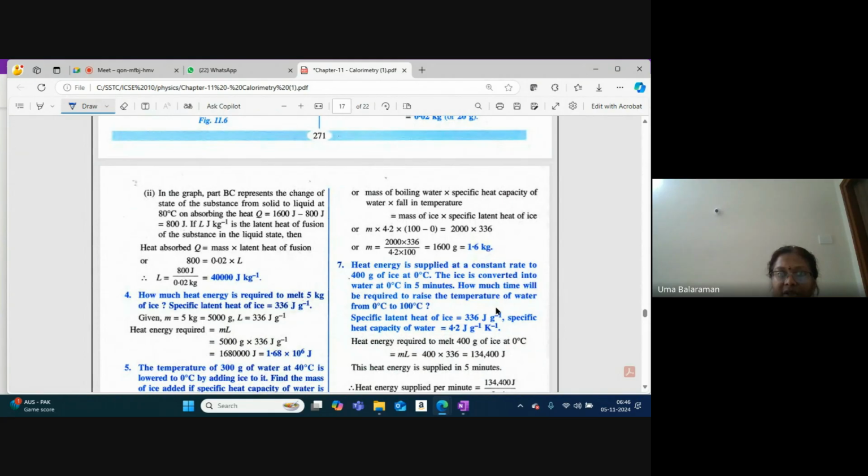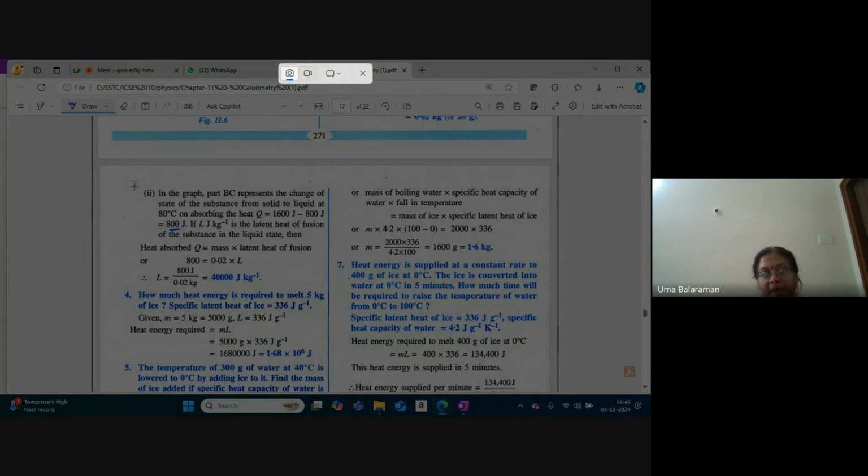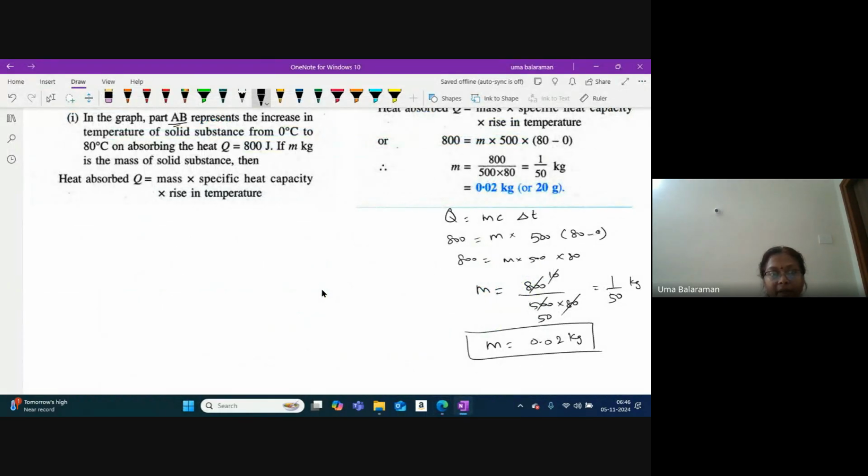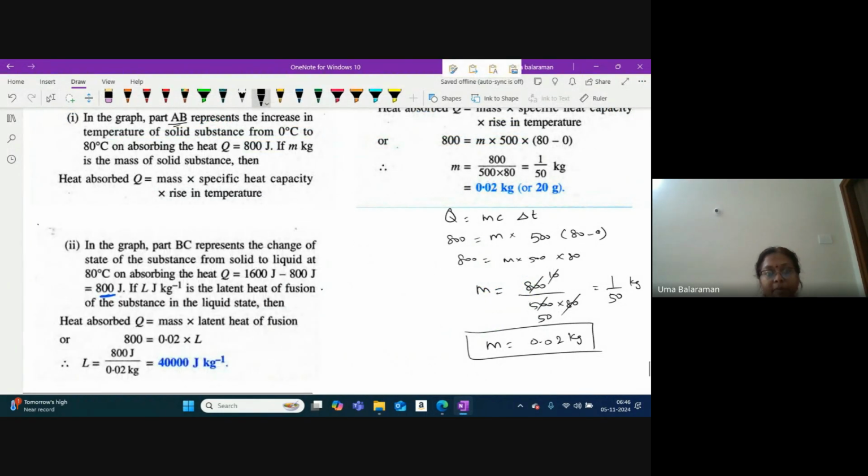BC represents the change of state from solid to liquid. So 800 joules are absorbed to melt all the substance. So you know that 20 gram of substance is there. It is taking 800 joules to convert the phase. So we can apply the second formula here, the part B formula.